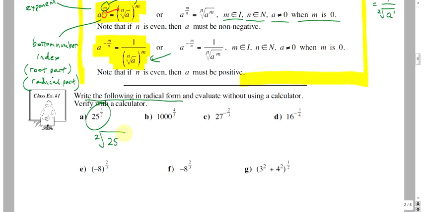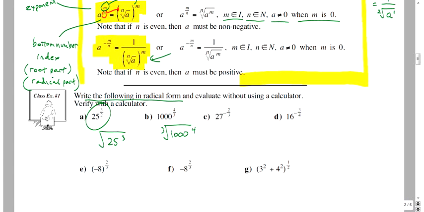The top one is the exponent. Do I have to put that 2 there in that root sign? No. Remember, if there's nothing there, we assume it's a 2. That says the square root of 25 cubed. Bottom number is the radical part. That says cube root. Top number is the exponent.